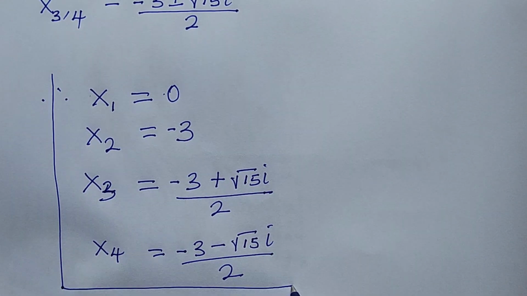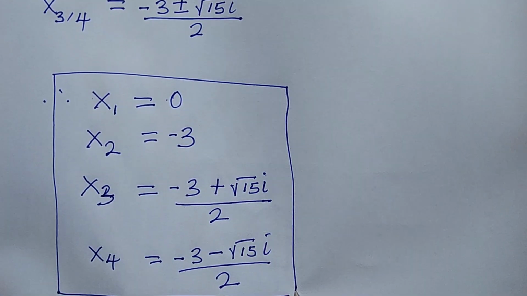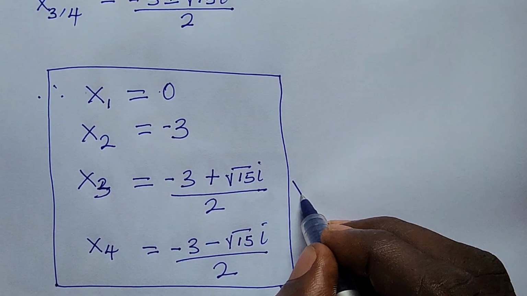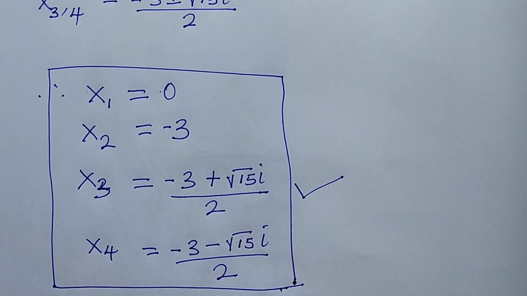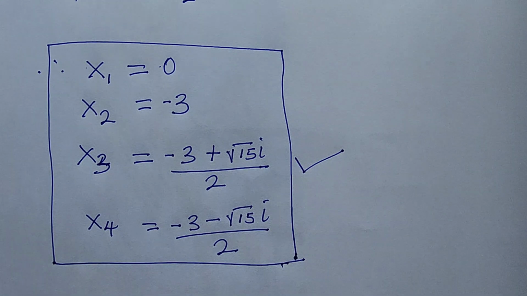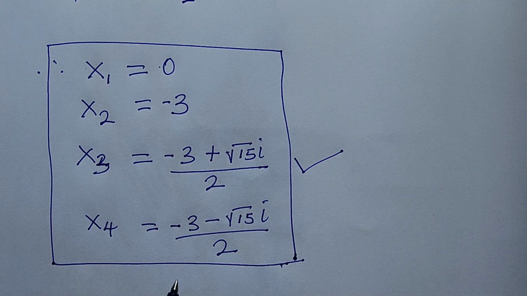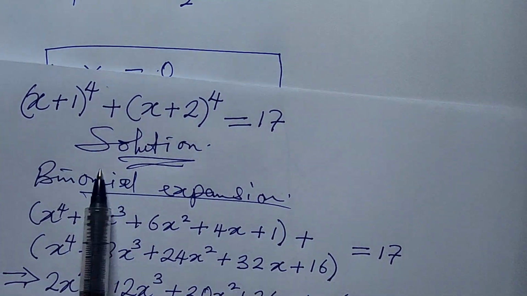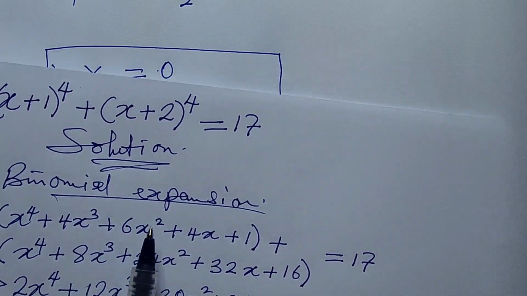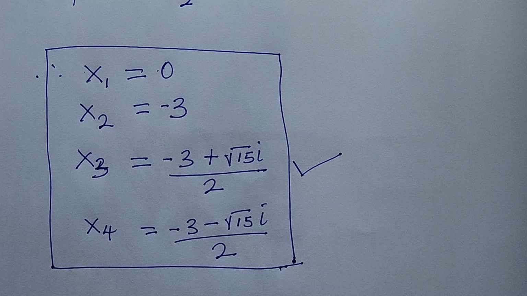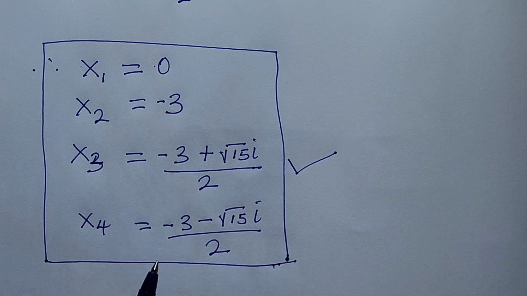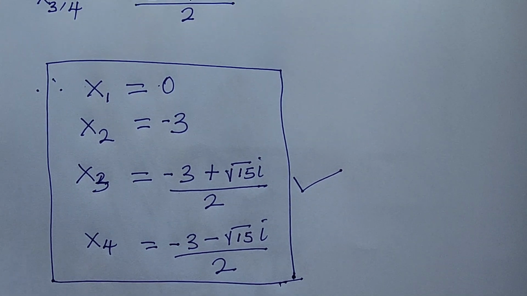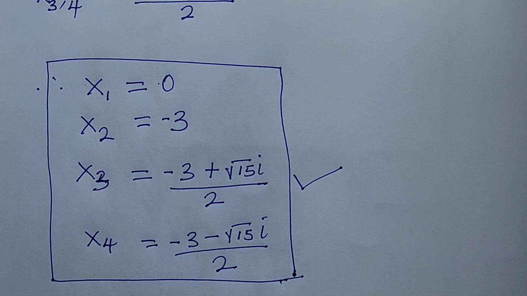So these are the 4 roots to our exponential equation. If you substitute all these roots into the original equation, you will discover that they will all satisfy it. For the sake of time, I would as well go ahead to substitute all these into the equation and see how they will all satisfy the original equation.